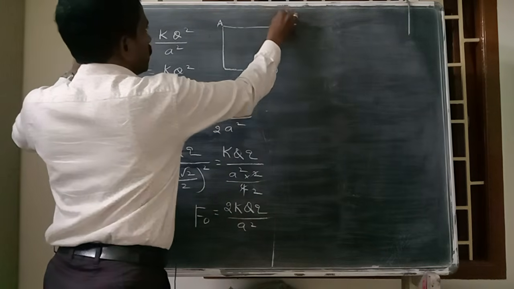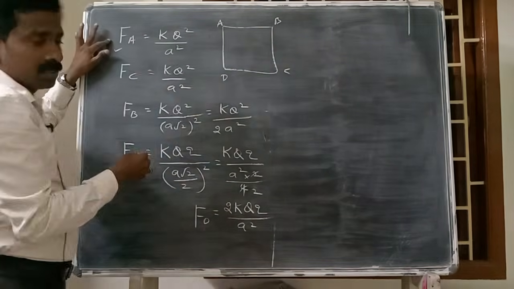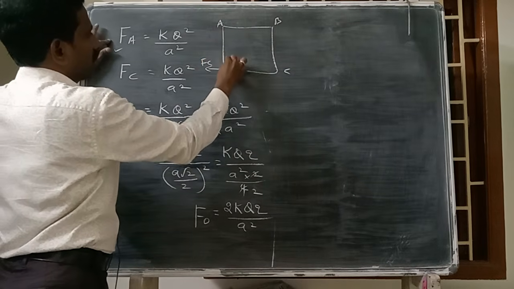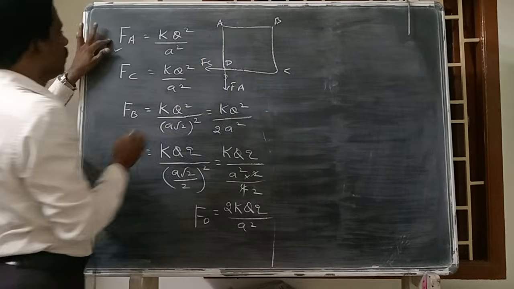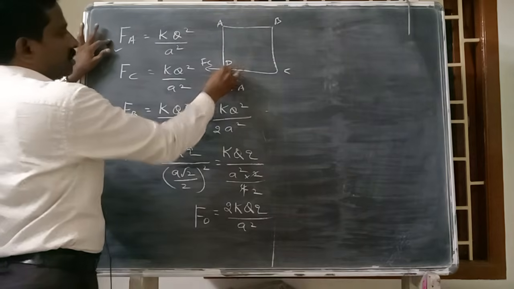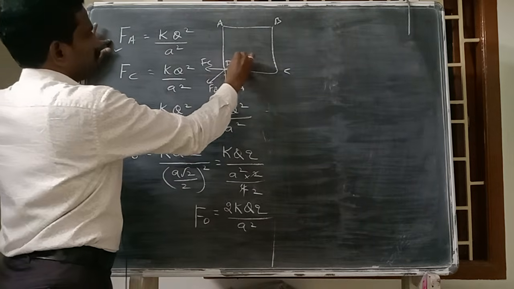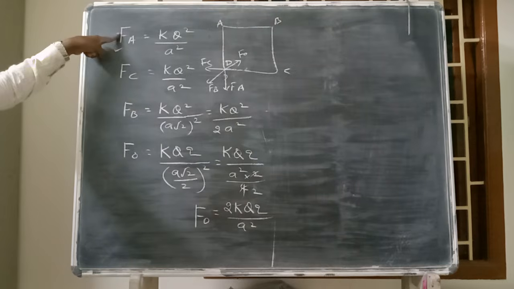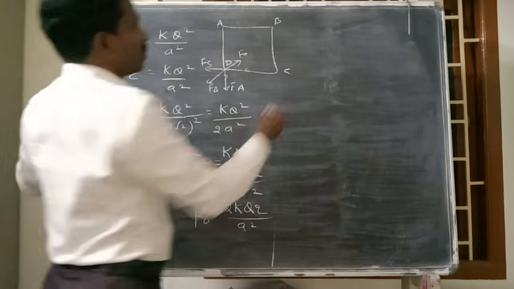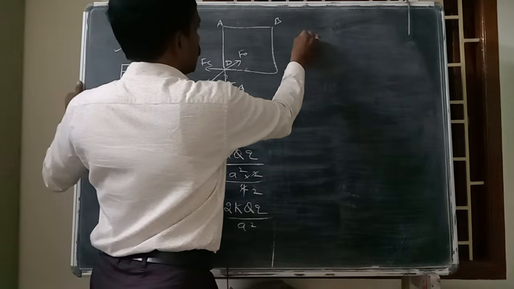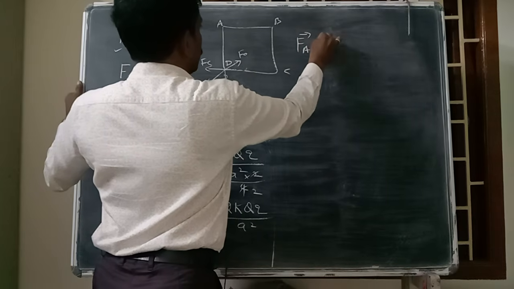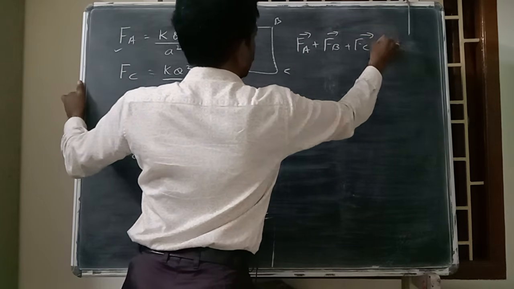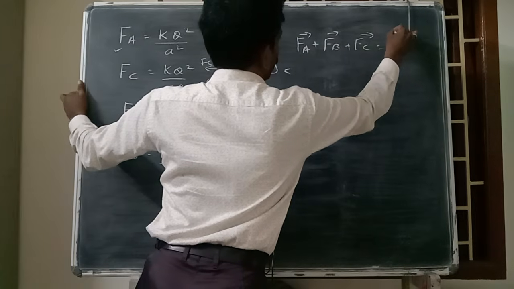A is here, B, C, D. This is F_C, this is F_A, and this is F_B, this is F_O. See, in the F_A and F_C, what is the equation we have written here? F_A vector plus F_B vector plus F_C vector equal to F_O vector.